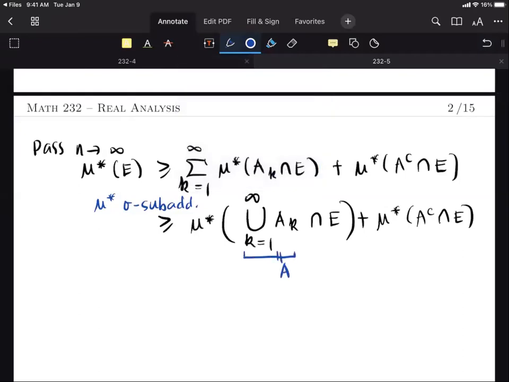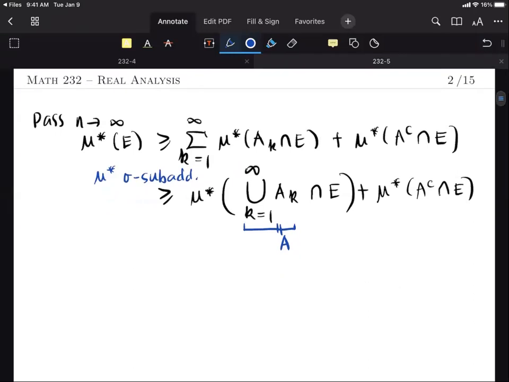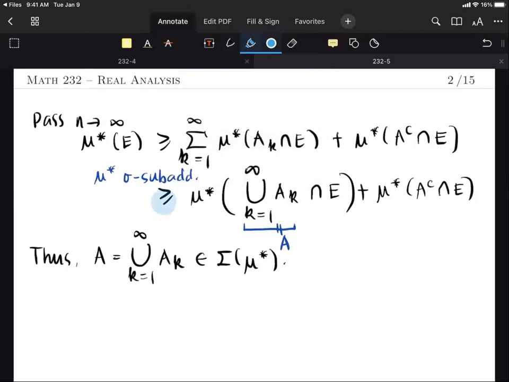Take note that by definition, this is A, and you can see immediately from this inequality that A, which is the union of the A sub k's, is measurable. Here we only showed one inequality. As we said, this is enough according to the subadditivity of the outer measure. Okay.